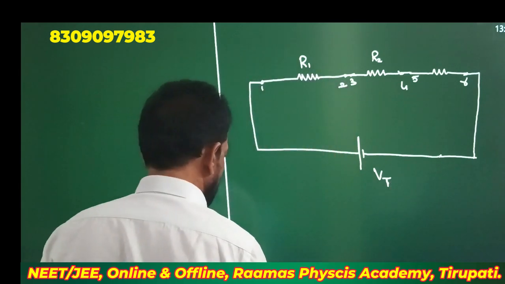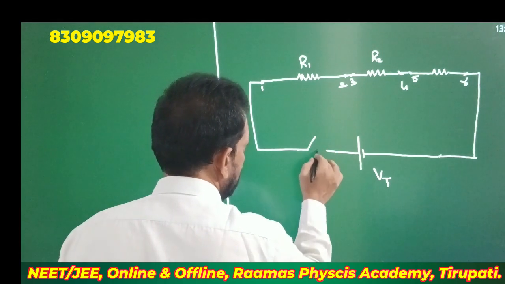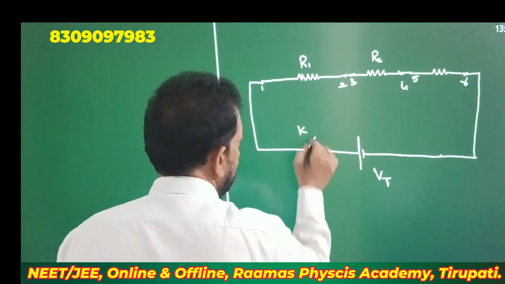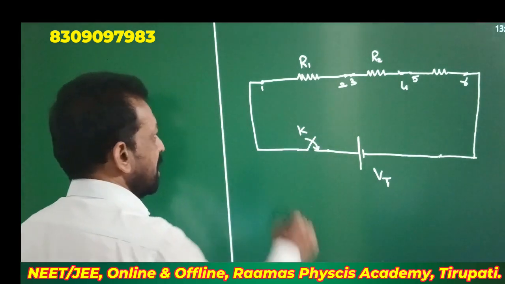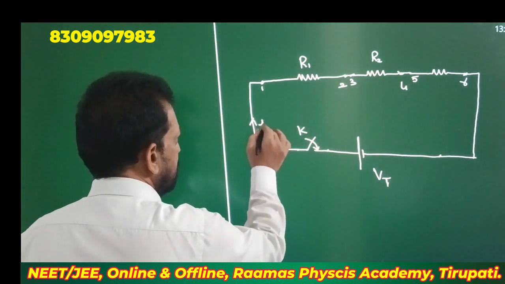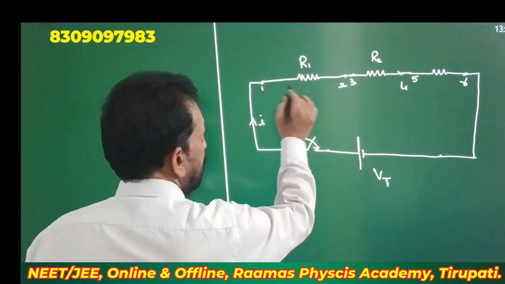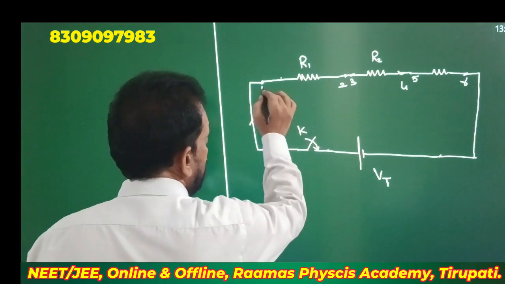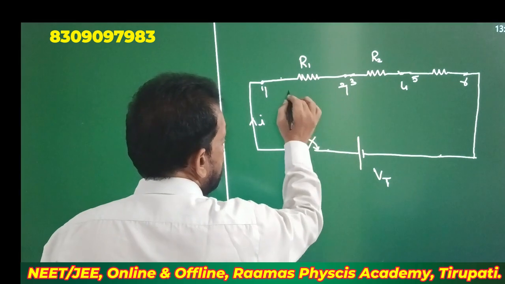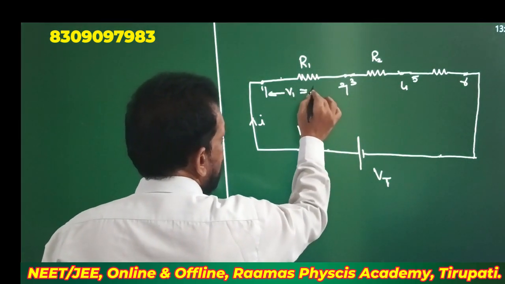So the circuit is going to close. You take a switch K here. When switch K is closed, current I is established in the circuit. I into R is the voltage drop. Here the potential is different, so I can call it V1, that is equal to I R1.